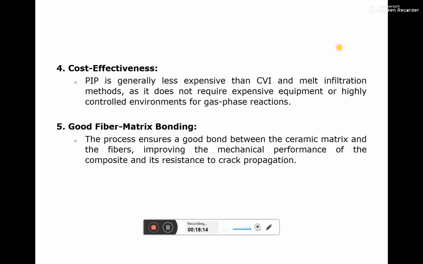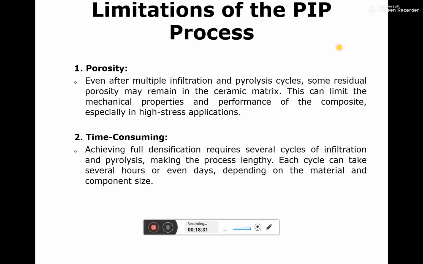Due to that, proper polymer linkages will happen with the matrix material. That's why there is good bonding between the fiber and matrix with this polymer infiltration and pyrolysis process.